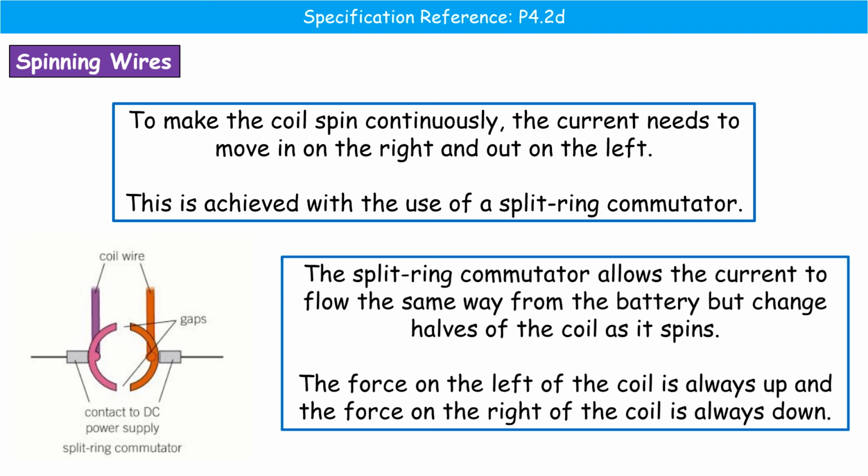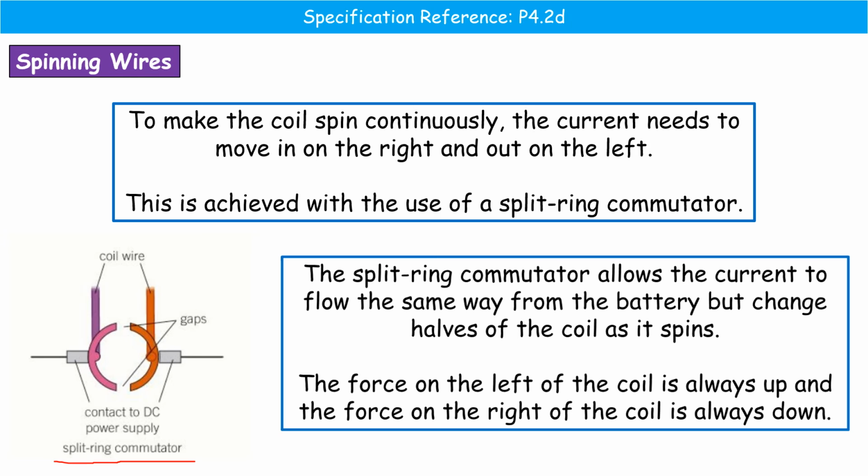When we now consider what we need to do to ensure that coil can spin continuously, we've got to make sure that the current is always travelling in the same direction on the right and the same direction on the left. Otherwise, it would only go so far. The way that we can achieve this is through a bit of equipment called a split ring commutator. As the name suggests, it's a ring with a split in the middle. You've got these two gaps at the top and the bottom.